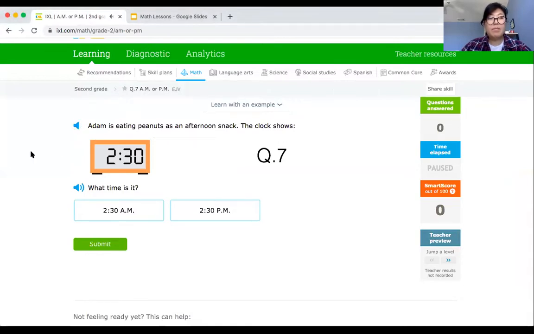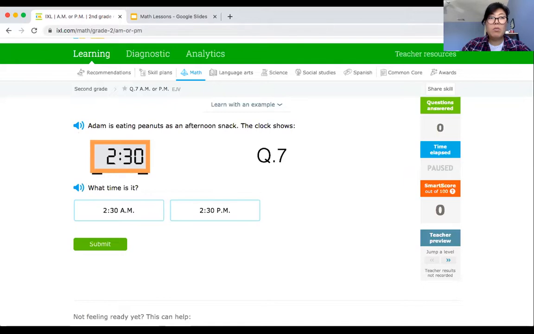Adam is eating peanuts as an afternoon snack. The clock shows, remember, the hour is on the left side of the colon, the two dots. So it's 2 and then the minutes 30. So we know Adam is eating peanuts at 2:30. But is it PM or AM? They're asking, what time is it? Is it 2:30 AM or 2:30 PM?